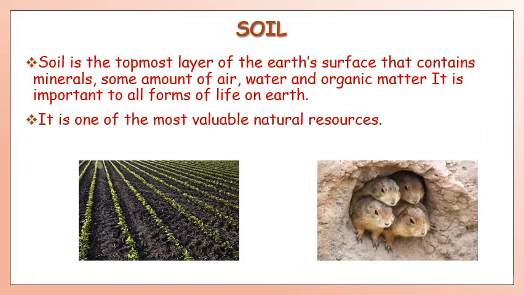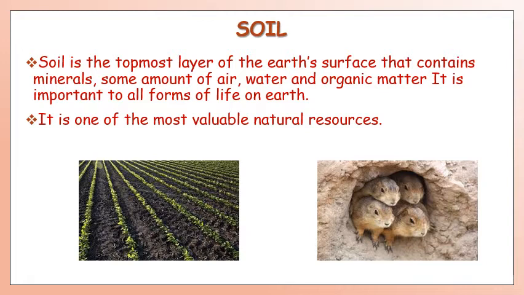Students, you all have studied that the planet Earth on which we live is made up of soil and rocks. Now this soil is the topmost layer of Earth where plants grow. Now the soil provides the plants with nutrients and water that they need to grow.